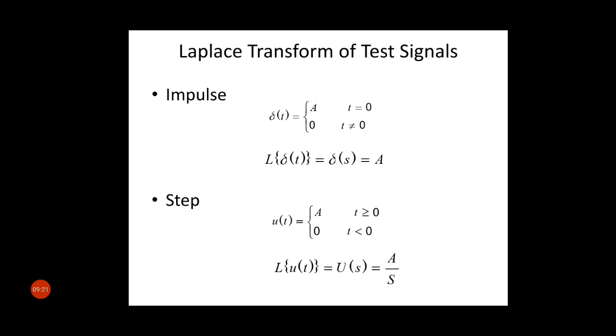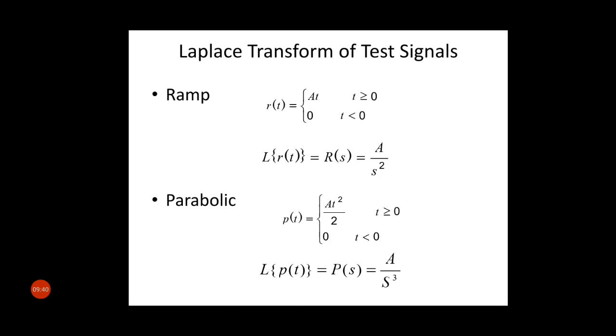Now if we do the Laplace transform of step signal, then it is equal to A by S. If your step signal is unit step signal, then this is equal to 1 by S. And now what about ramp signal?